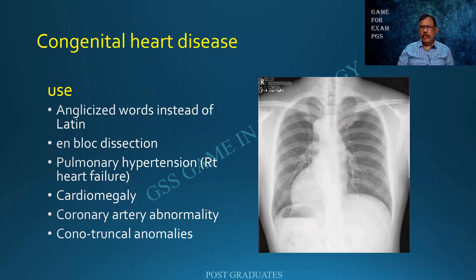Cardiomegaly, we will see what it actually means. There can be abnormalities of the coronary arteries and conotruncal abnormalities. Let us see what this particular term means in the later slides. So, for congenital heart disease, we should be using anglicized words instead of the Latin words.